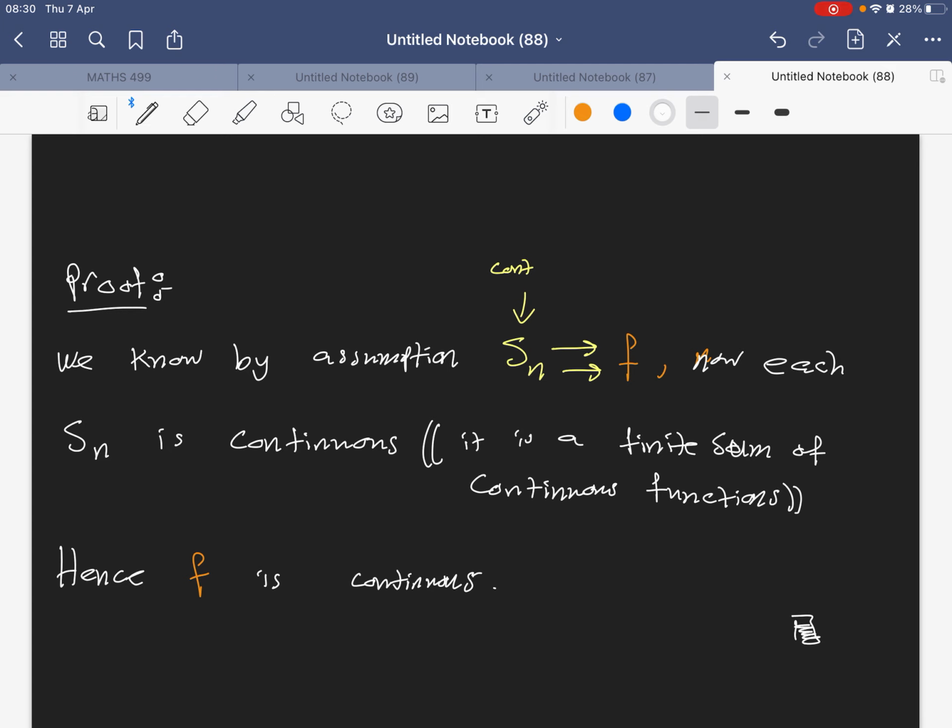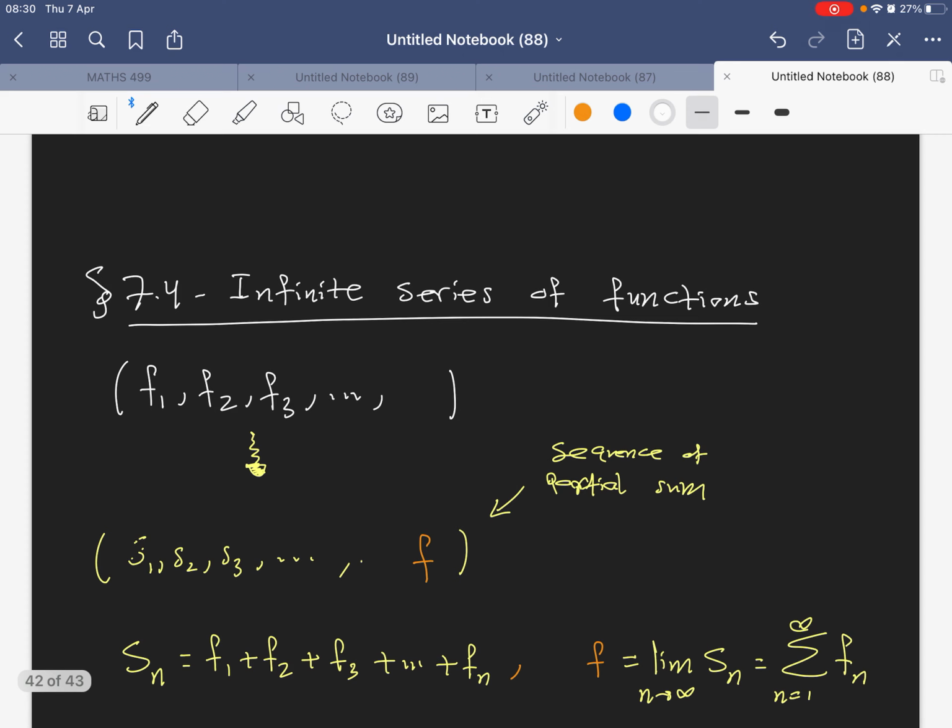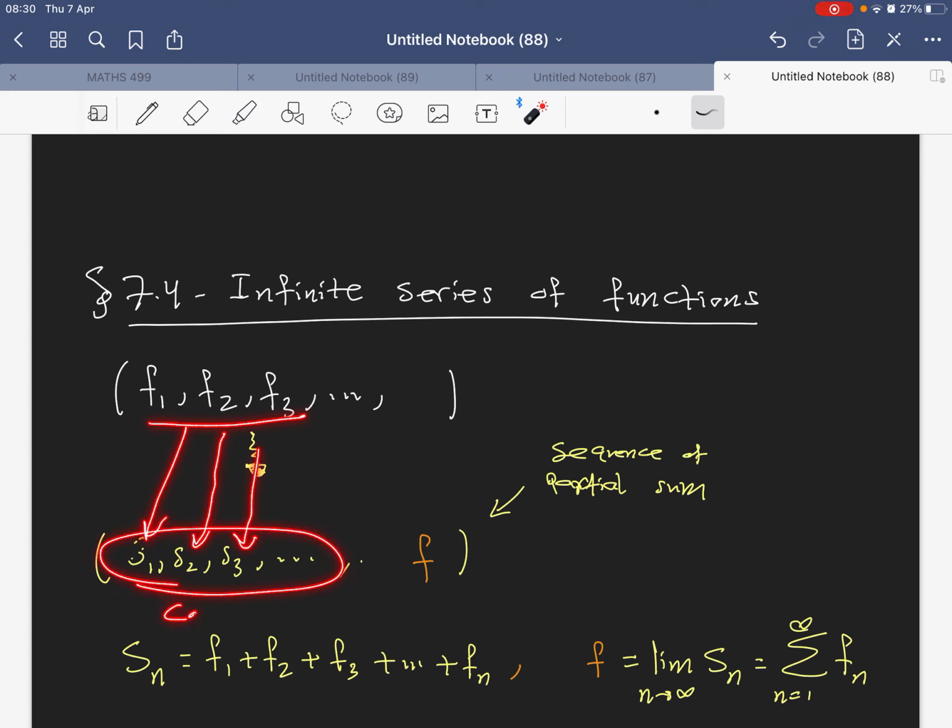So the idea of this proof is that we take the properties of f and we reflect them on Sn. And then we used what we know before, that if we have a sequence Sn that converges uniformly to f, the properties will be inherited as they are. So if this is continuous, this will be continuous.